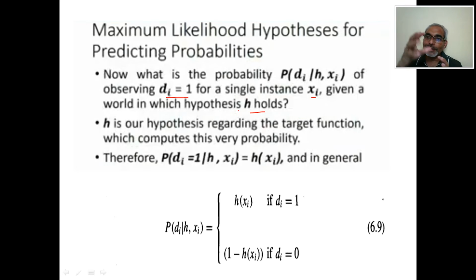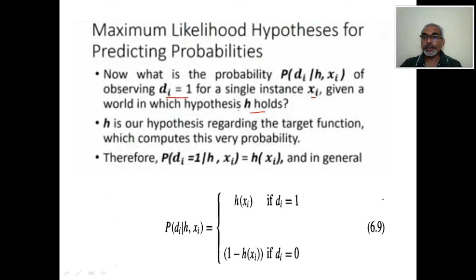If you are going to consider the hypothesis in your entire hypothesis world, what is the probability that this di is equal to 1, whether the patient is going to survive? Now h is our hypothesis regarding the target function. So the hypothesis is related to this d, target function, whether 1 or 0. 1 means he is going to survive, otherwise he is not going to survive. Now which computes this very probability?